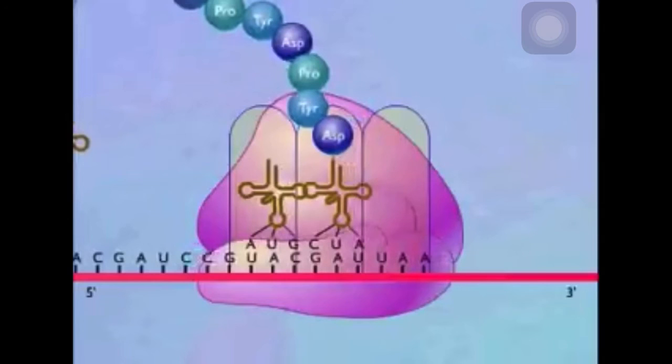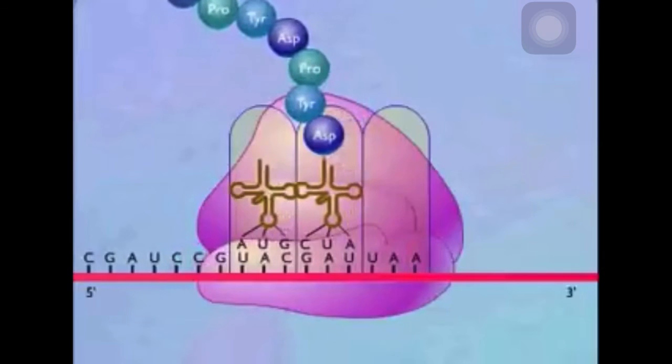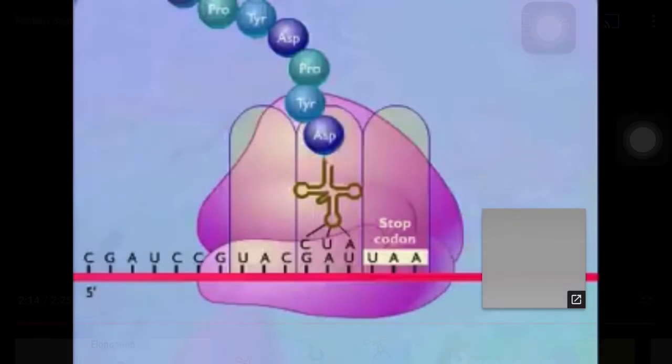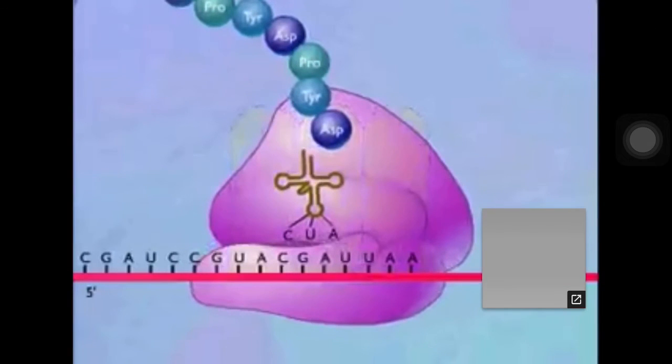Step 3. Termination. Elongation continues until a stop codon in the mRNA reaches the A site. The stop codons, which are UAG, UAA, and UGA, do not code for amino acids, thus no tRNA will bind to the stop codon. The stop codon acts as a signal to stop translation. A release factor is a protein that recognizes the stop codon and binds to it in the A site.